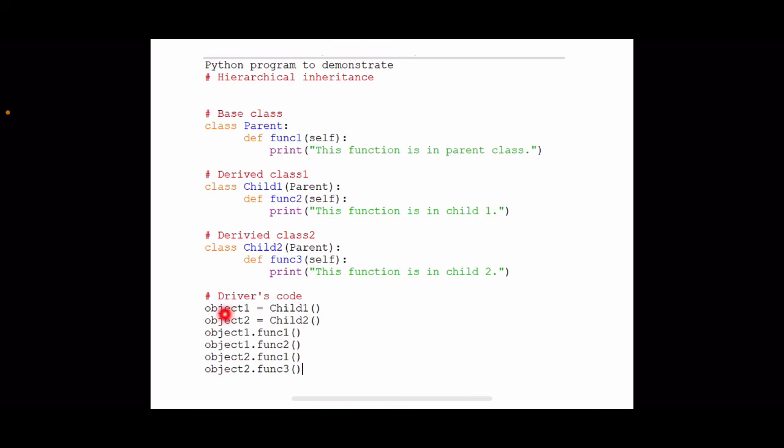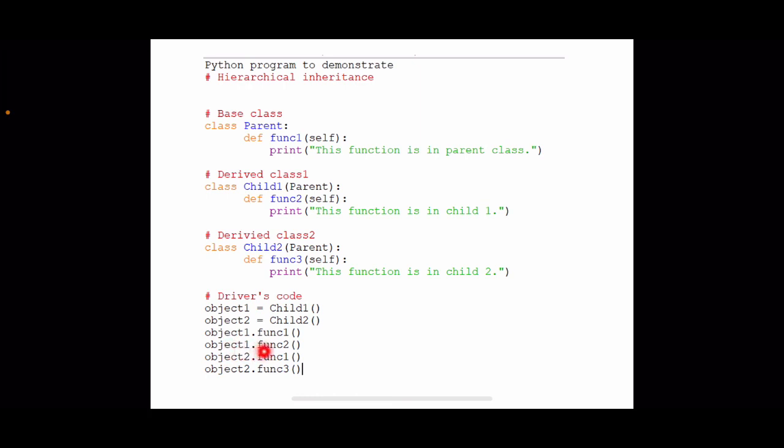So when we create objects, instantiation of child 1, object 1 is an object of child 1 class, object 2 is an object of child 2 class. Object 1 dot function 1 can be called because object 1 is also inheriting properties and methods of the parent class. Function 1 is a method defined in parent class which can be invoked by object 1.